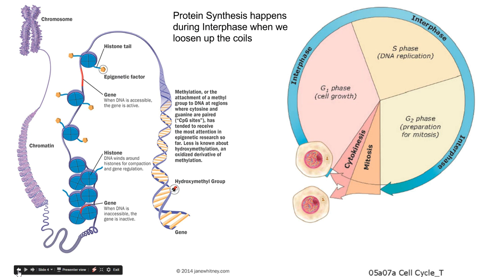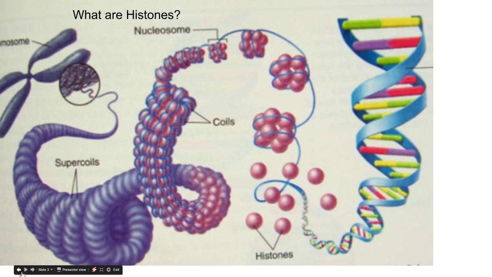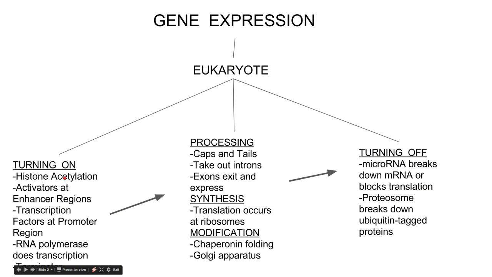So when we start getting into mutations, it is incredibly complicated because you could mutate the histones. There's so many different things that you can mutate because not only are we making proteins, but proteins are running the making of other proteins. So any mutation on a DNA sequence is going to change this whole expression.